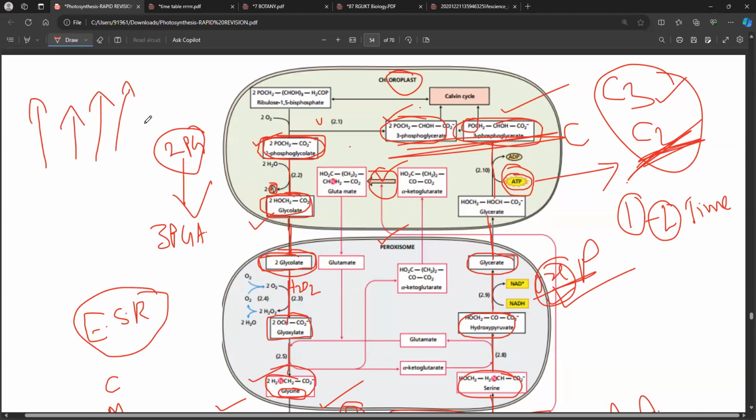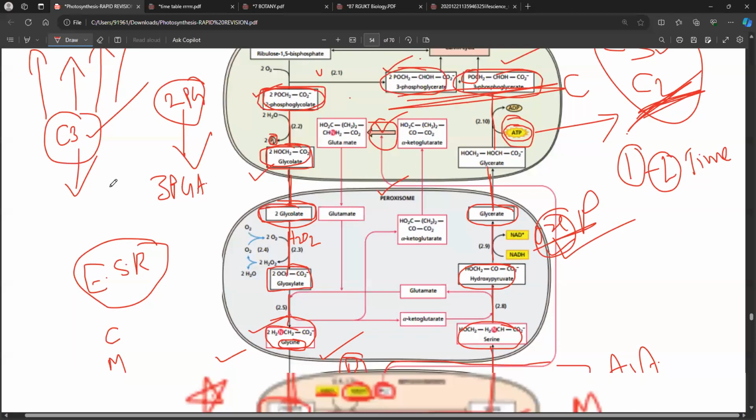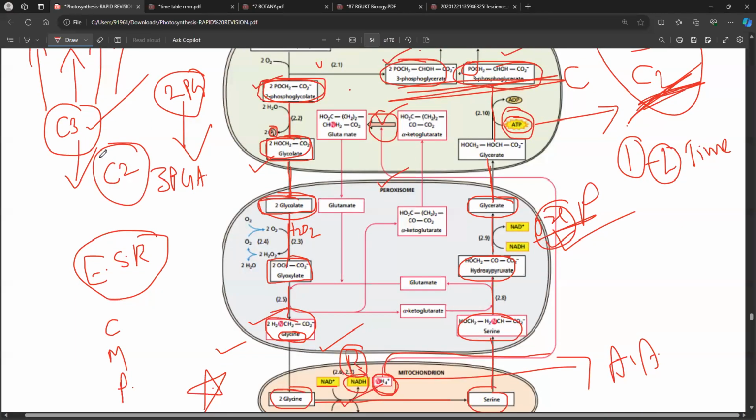Now imagine, when the temperature is increasing continuously, the plants present in Delhi will always prefer their C3 pathway. It is not possible, because of the higher temperature, they keep on performing the C2 pathway.